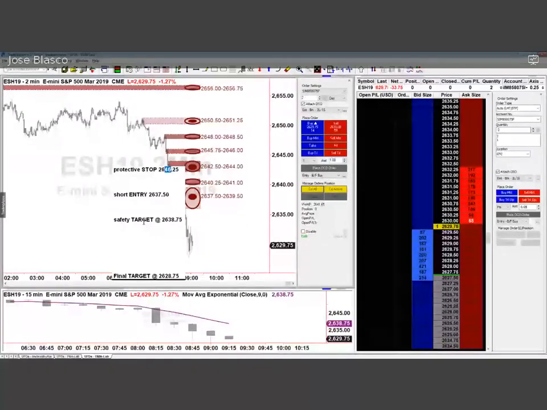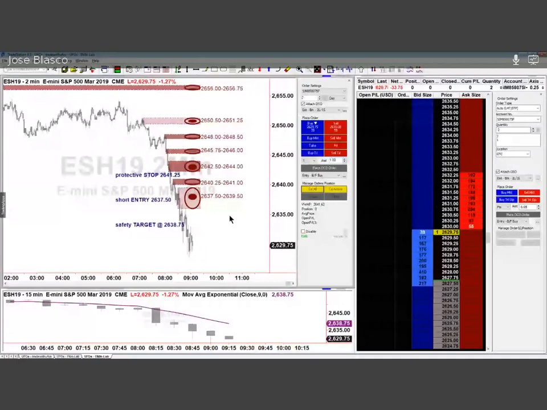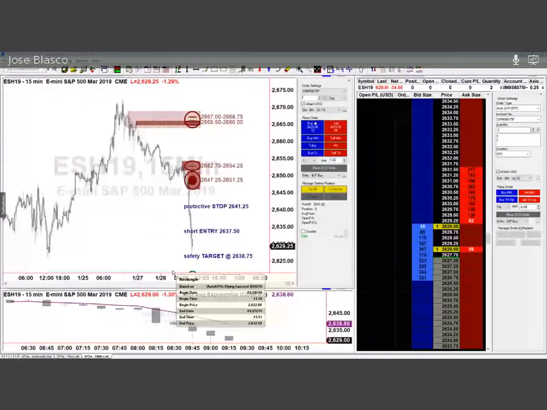Do we have no green UFO? What about the 5? What about the 15? Yeah, the 15-minute time frame has a green UFO located right down here at 26.22.